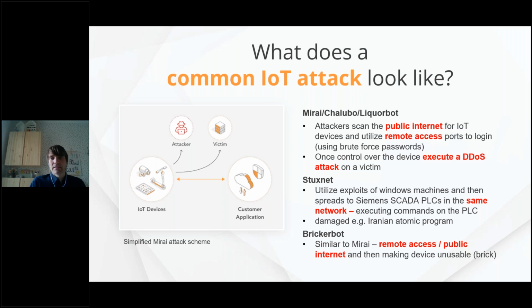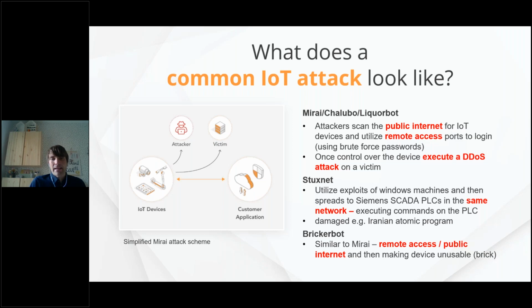I highlighted here some of the security vectors or attack surfaces which the Mirai botnet is using: the public internet, remote access, and then executing a distributed denial of service attack on victims which the device should never send traffic to. And I will show later on how this can be prevented with cellular connectivity.